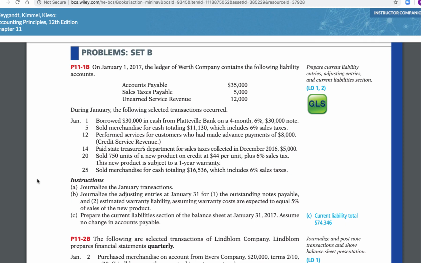Tells me everything we need. All right, so now we have the warranty that we need to do, okay? So we need to list the warranty. The new product is subject to a 1-year warranty. Okay, great. Do we have enough information to notate what exactly the warranty is? No, we don't, right? We just have this new product is subject to a 1-year warranty.